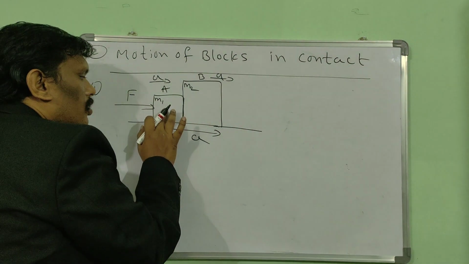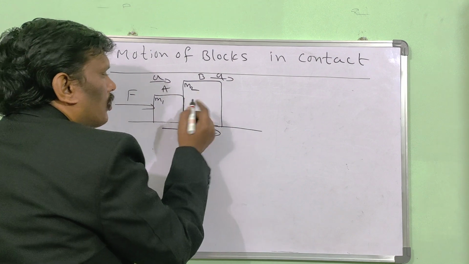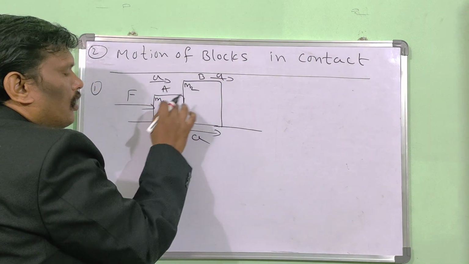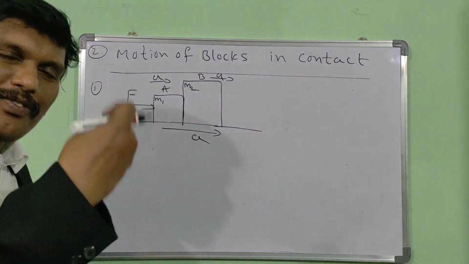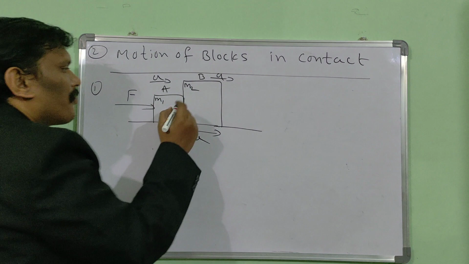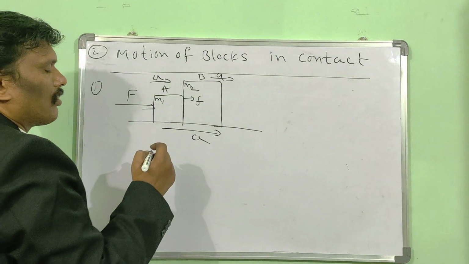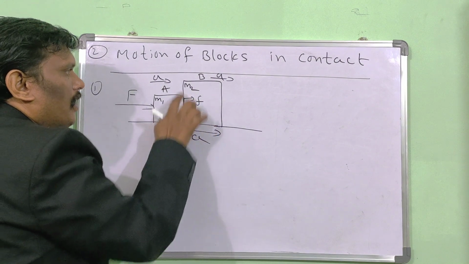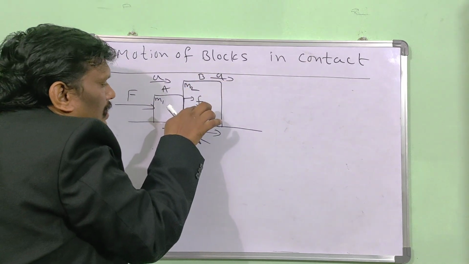Observe, M1 applies some force on M2. That means M2 experiences some force. That force I am going to consider as small f. This small f I write inside block B, which means block B experienced the force.